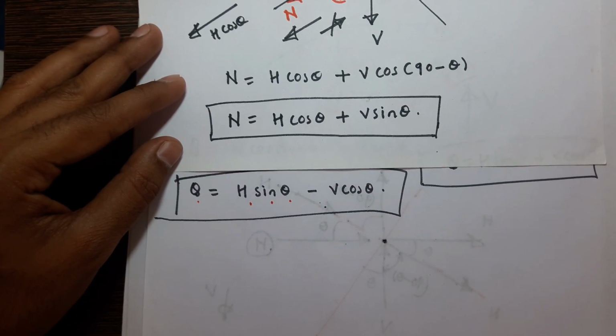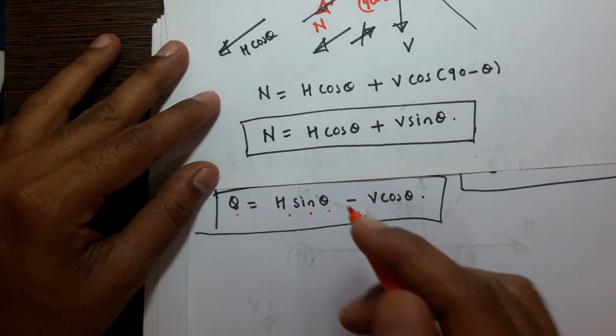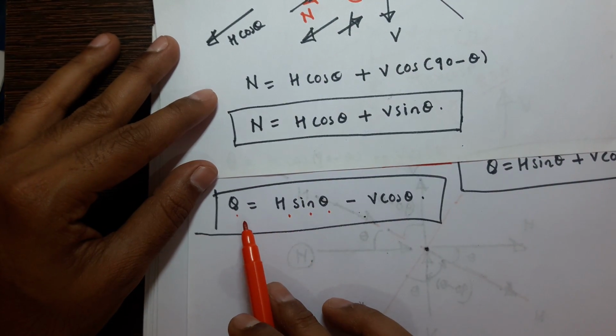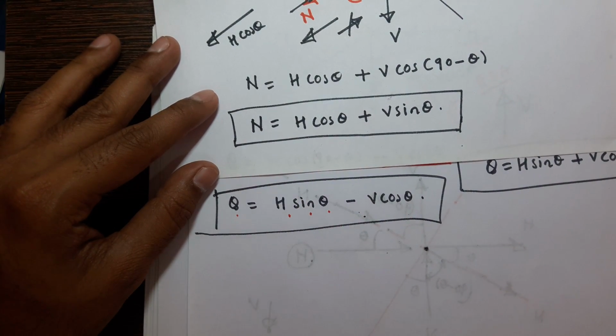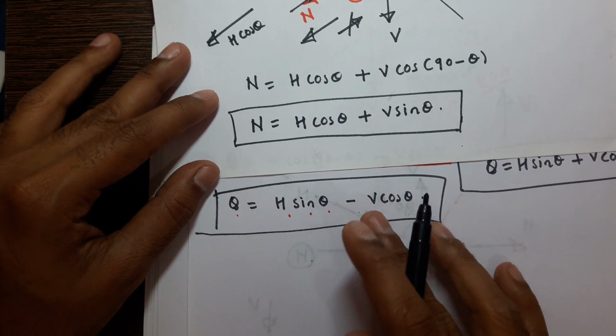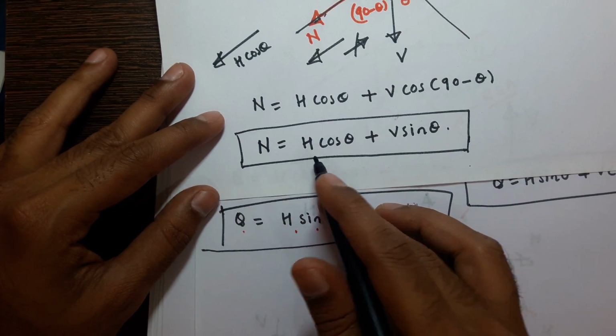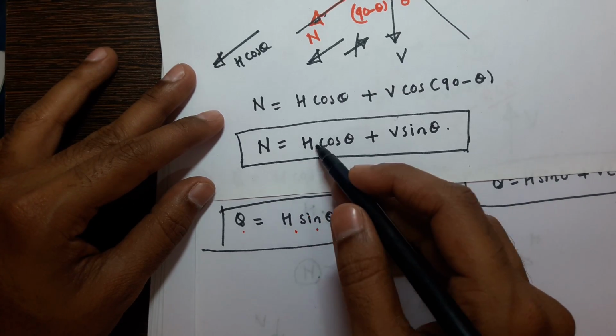So we have derived the formula for normal thrust and radial shear. This is the normal thrust formula and this is the radial shear formula. Now we need to understand something about the formula.